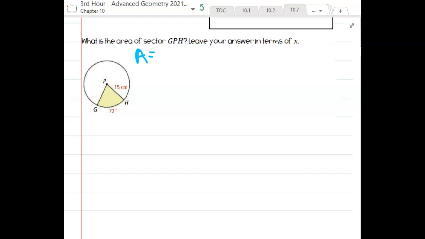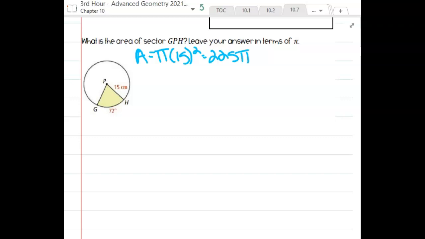So double check that 15 is a radius, so we can plug that right into our formula. We do pi times r squared, so pi times 15 squared, which would give me 225 pi. Just like yesterday, that's the entire circle. I don't want the entire circle, I just want that bottom chunk right there.